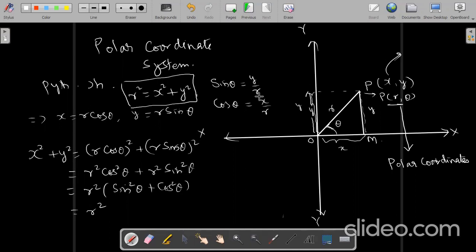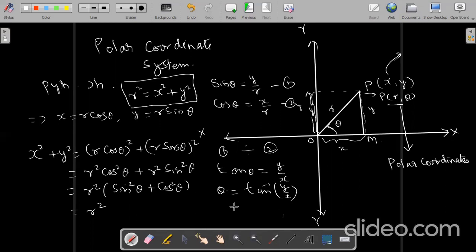Now one more thing: if we divide the first equation by the second equation, sin theta upon cos theta will become tan theta, and r will cancel, and we get y by x. So theta is equal to tan inverse of y by x. You have not gone through trigonometry yet, it will be in the next class. But this angle theta is called the amplitude or argument of a complex number.